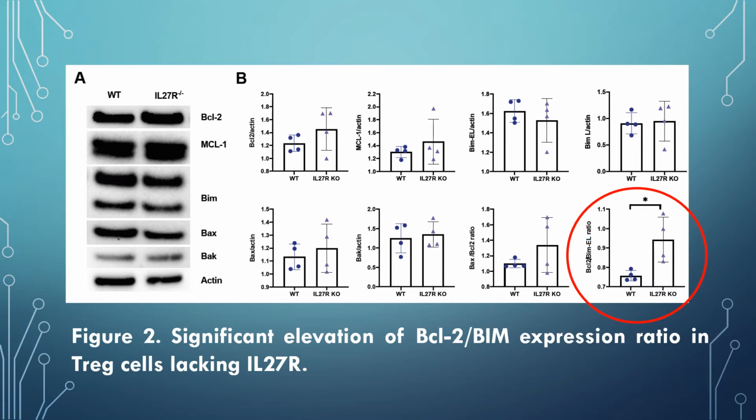This means that with IL-27 receptor deficiency, Treg cells are less sensitive to apoptosis.